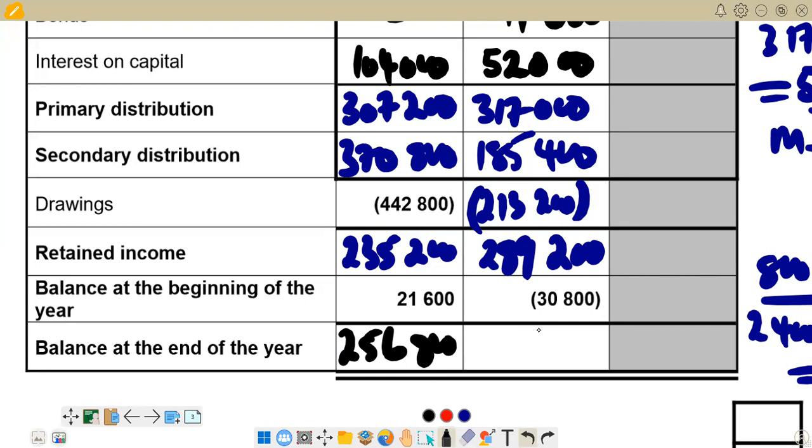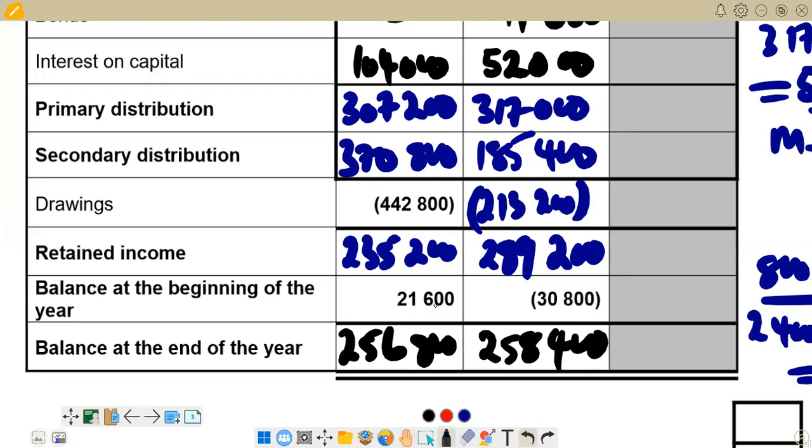Then here we add this one plus this one. You are supposed to get 289,200, sorry, minus 30,800. You get 258,400. This one is a negative, so that's why we have subtracted here.